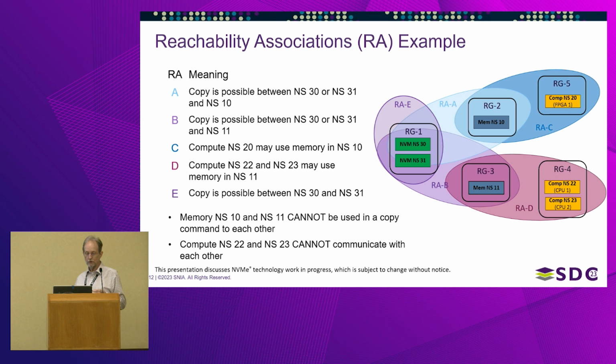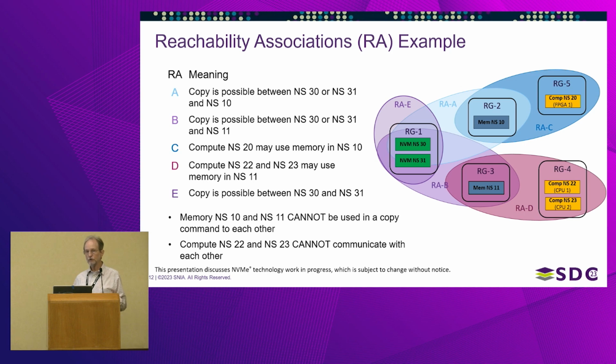Now, let me get to a unique one, which is reachability association E. So one of the things about reachability is on this diagram, if you look at reachability group 4 at the bottom right corner of this diagram, what you will see is it has two different compute namespaces. At the moment, there is no communication between compute namespaces that is defined.